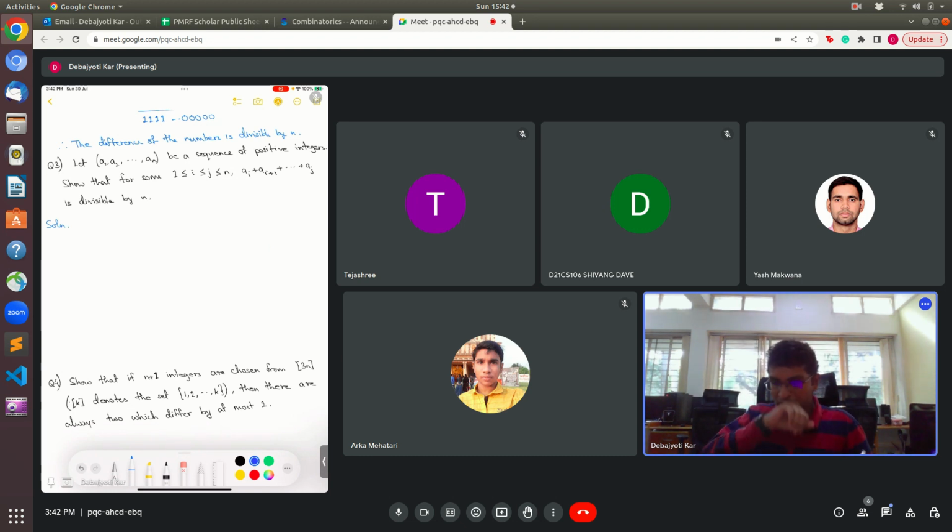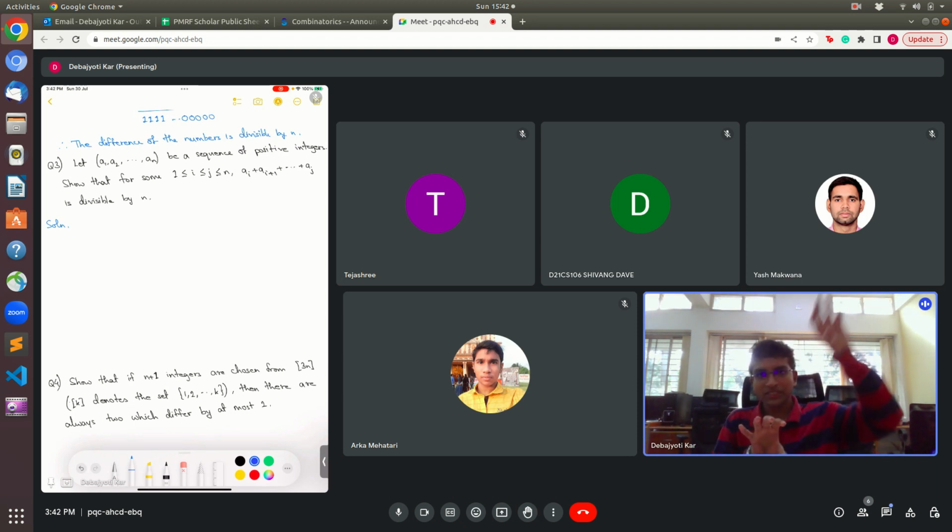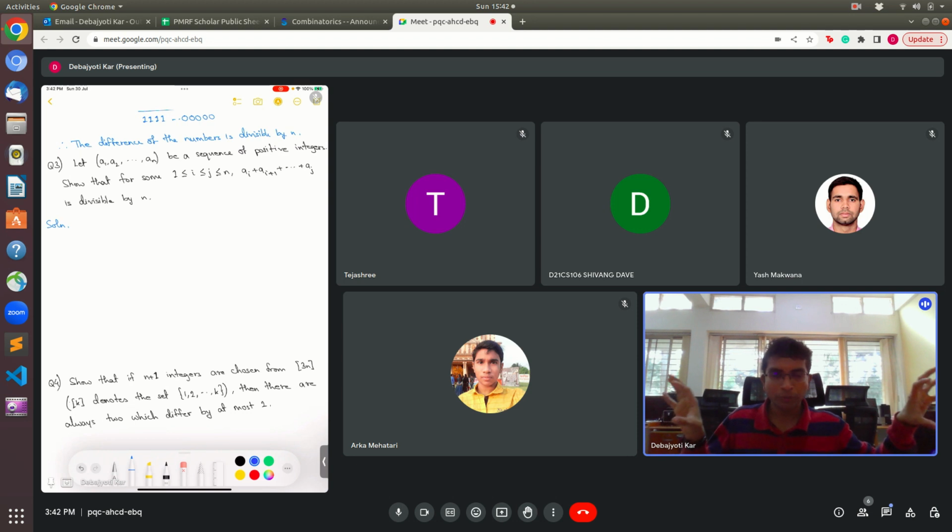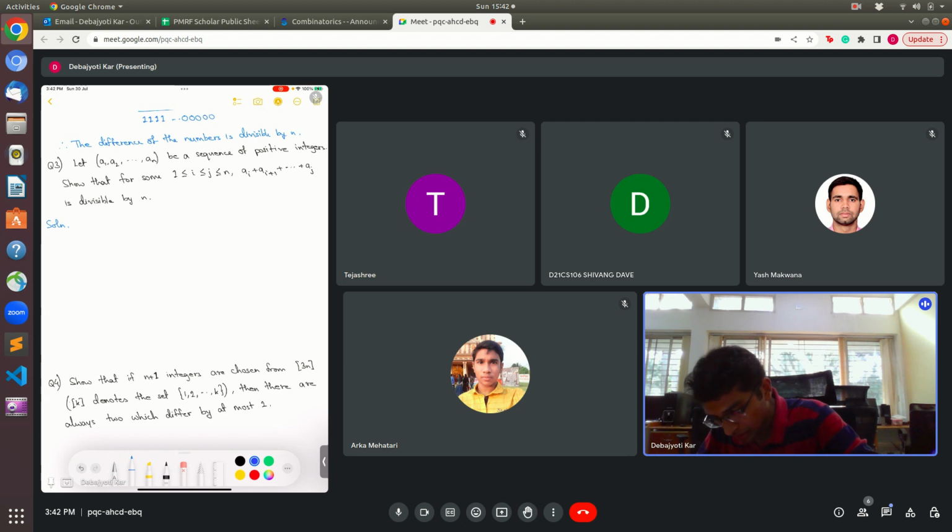Okay, so again, as in the previous problem, if we want to show that some number is divisible by n, what should be my holes? My holes should again be the possible remainders when some number is divided by n. These are my possible holes.